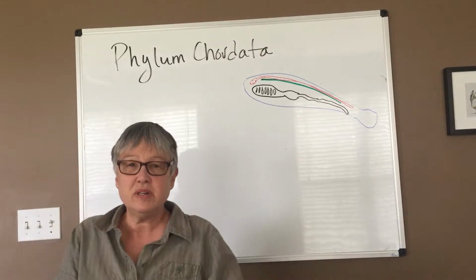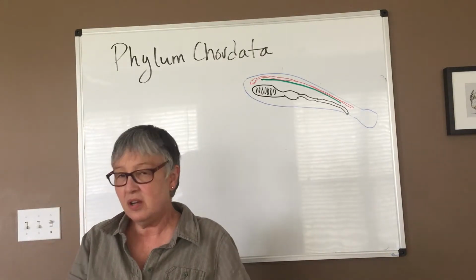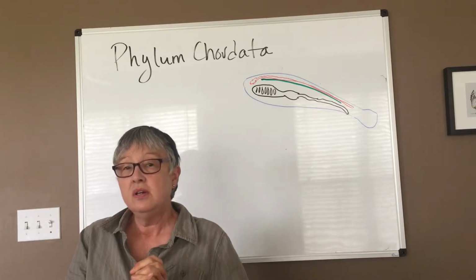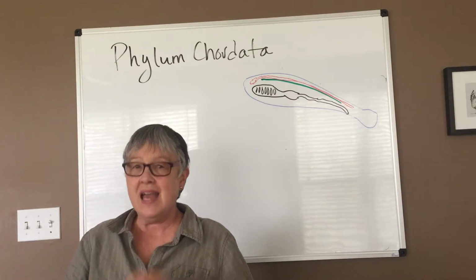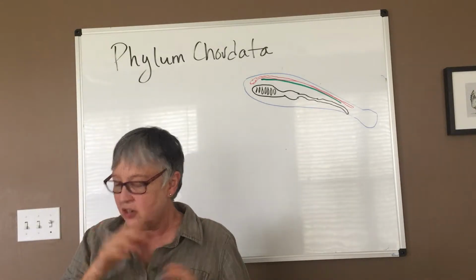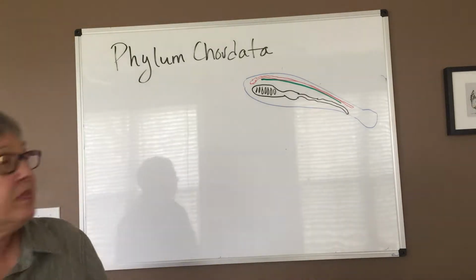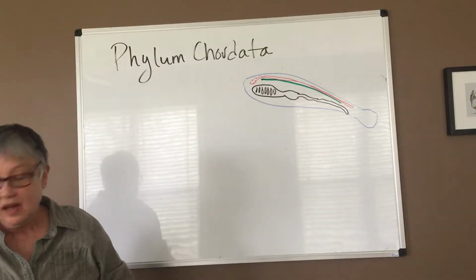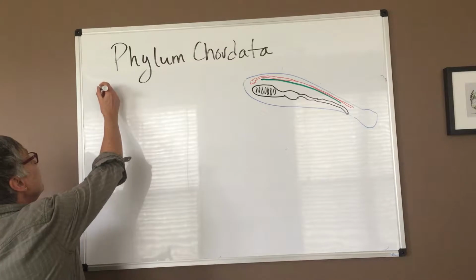Okay, this is Dr. Martin's supplemental lecture on Chapter 25, Section 1. I'm going to introduce the last of the phyla that we're going to cover in our survey of the animal kingdom, and that is the phylum Chordata. A couple of features.